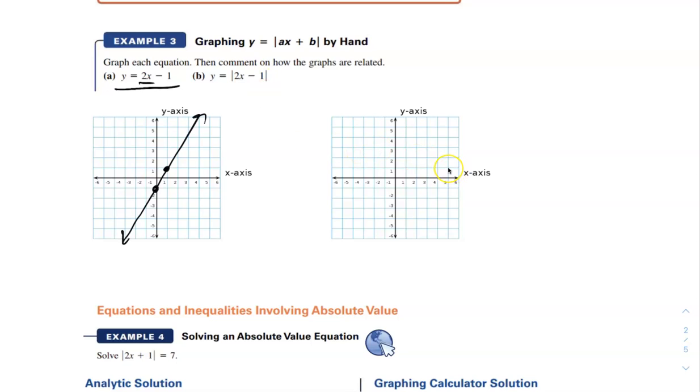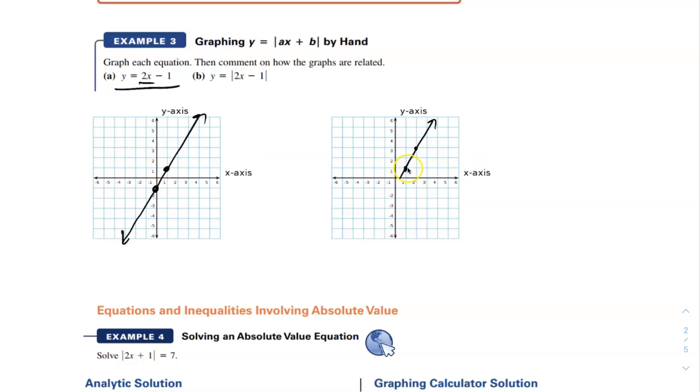Now I want to graph the absolute value version of that. Remember what the absolute value does? It changes all the negative y to positive y. So that's going to be the part right there. Oops, my slope is a little off. I don't like that. Slope of 2, right? So I'm trying to get my slope correct.